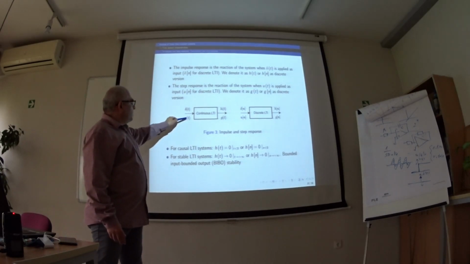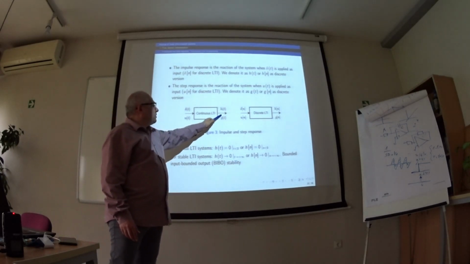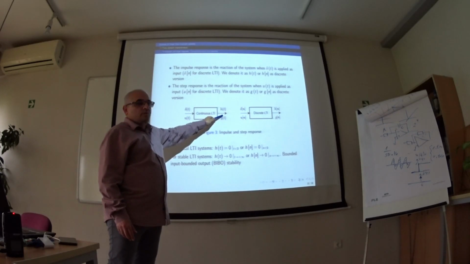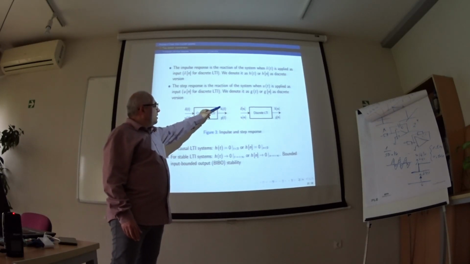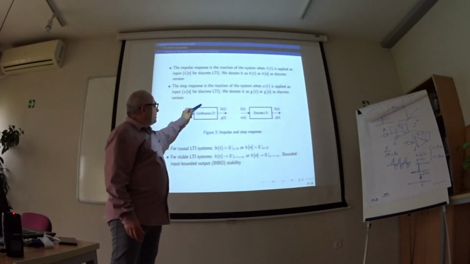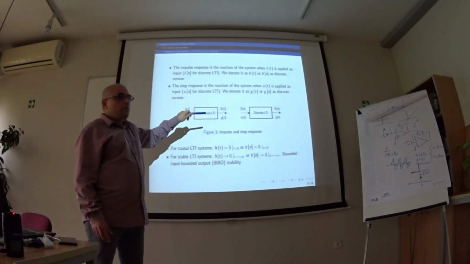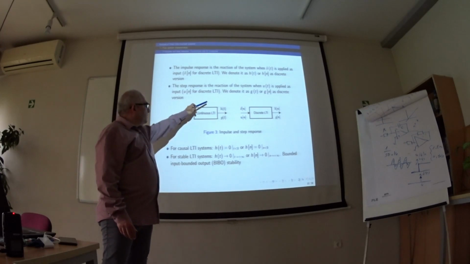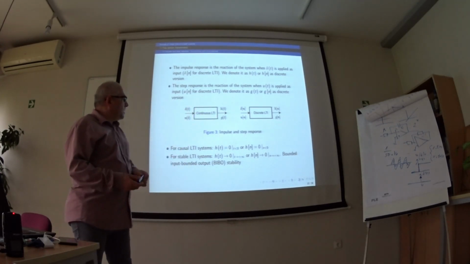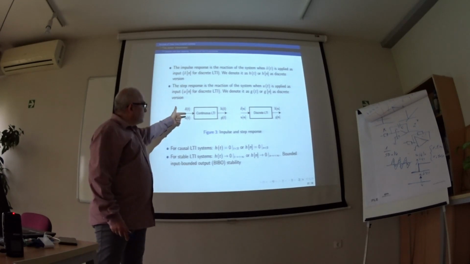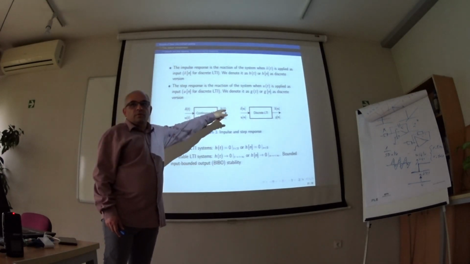If we apply u of t, the output is g of t, which is the step response. When we know either the impulse or step response, we know everything about the system. Now, the behavior of the system is clear to us, and if we apply another signal here, we can guess the output.